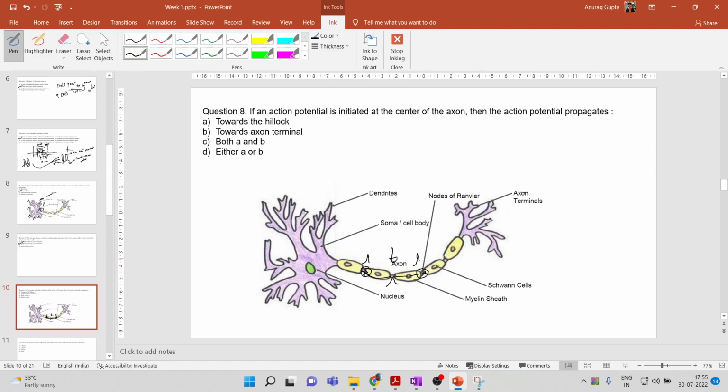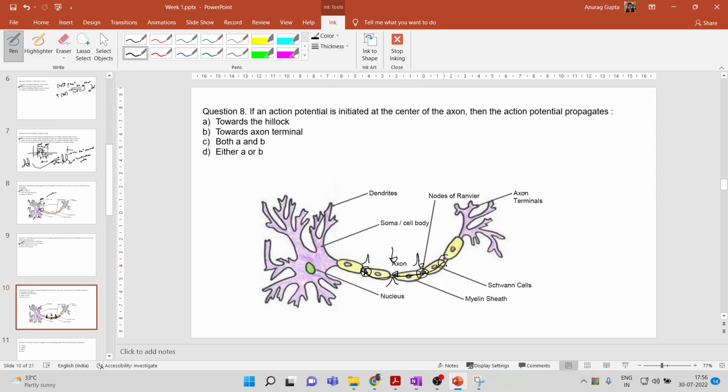Now once this action potential is generated, again there's an influx of Na plus, right? And Na plus diffuses here as well as back here. But let us remember that this area is in its refractory period. So in the refractory period, it cannot generate another action potential.